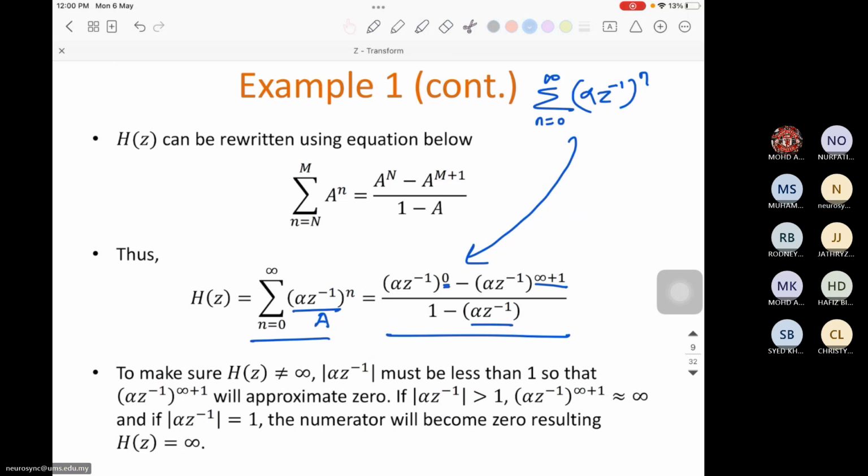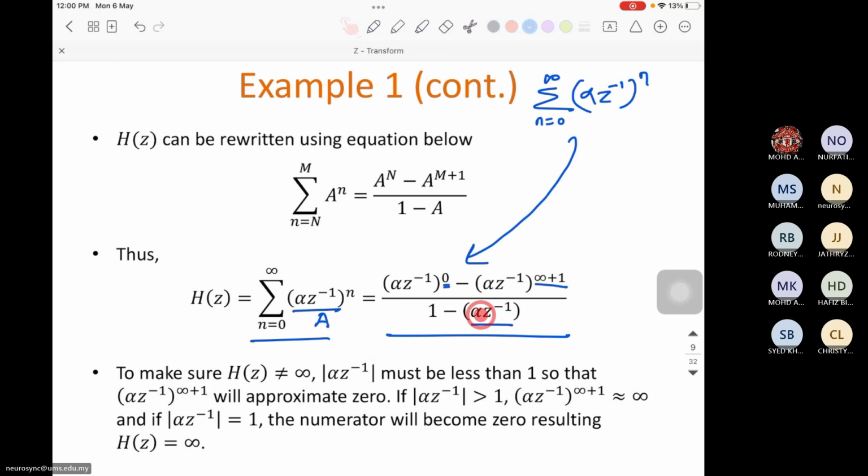Therefore, we only choose alpha z to the power minus 1 which is less than 1. If this is equal to 1, then this entire thing will be 0, which again will make H of z infinity. Please understand there are three possibilities.